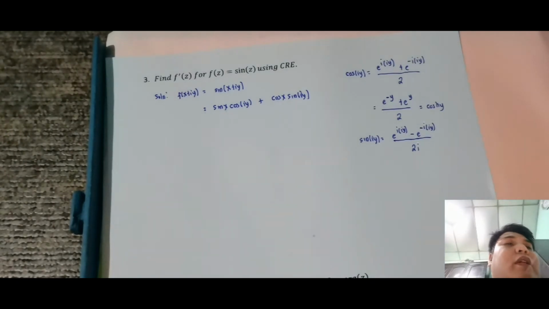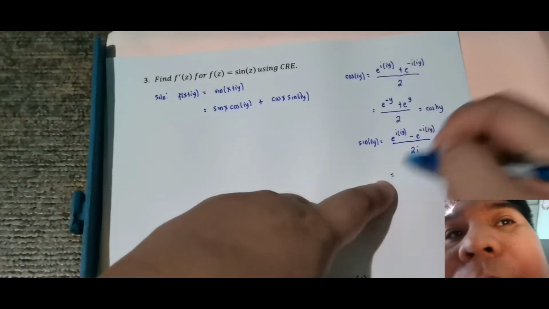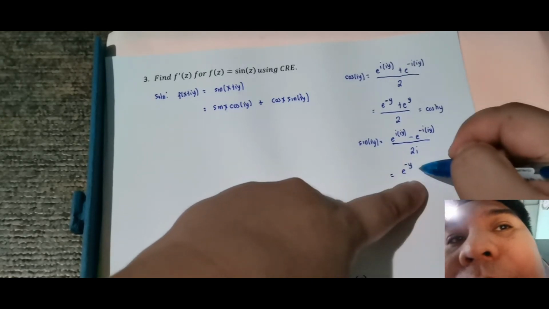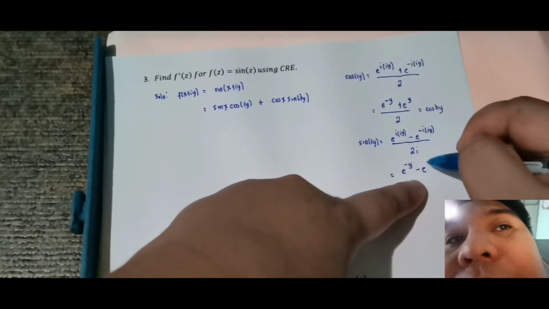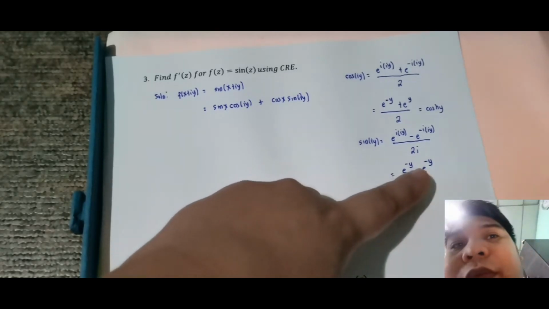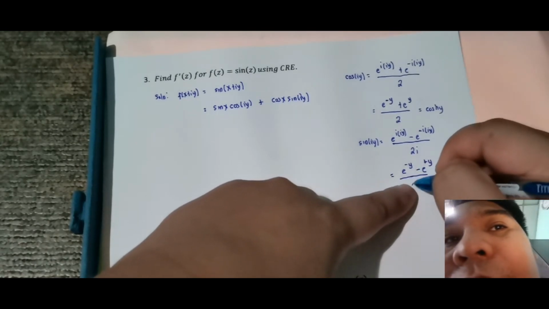I think something similar will happen, where the i comes out. So here it is equivalent to e raised to negative y, then negative e raised to positive y. This one becomes positive, all over 2i.